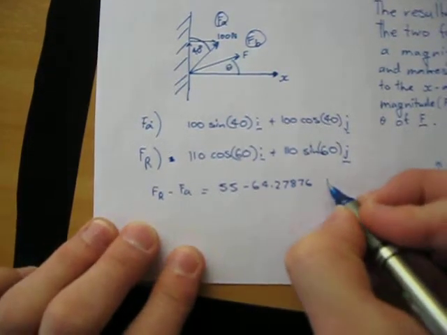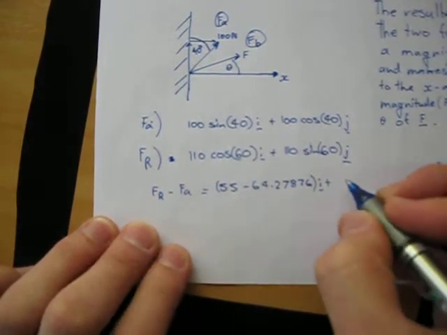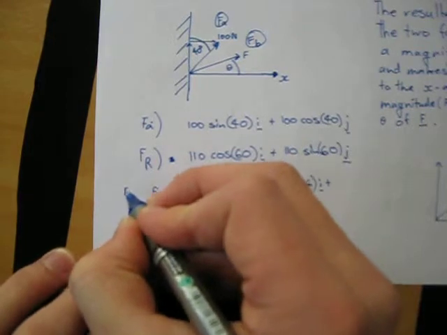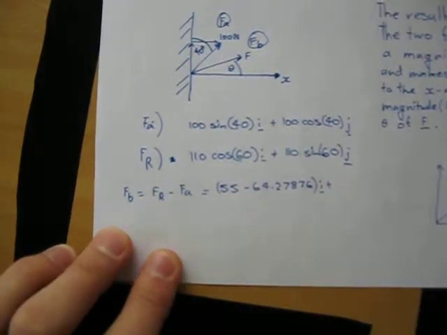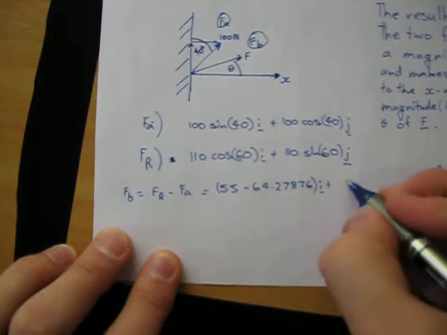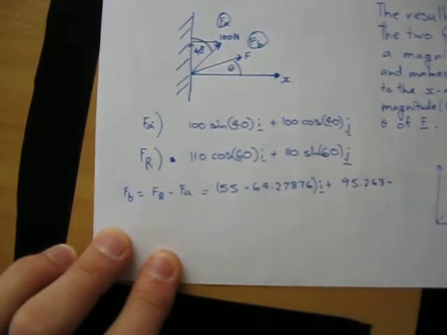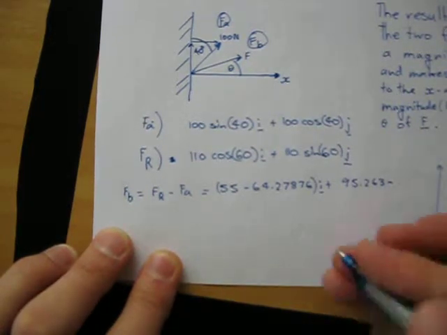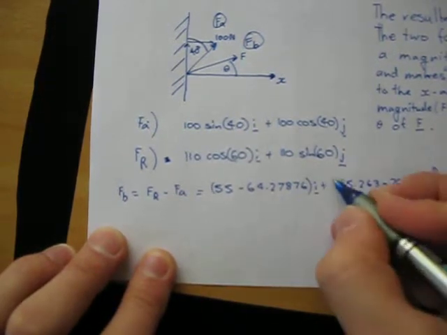Just being precise because we want to, I'll just put that in brackets and say that's the I, and this is FB equals that, and 110 sine 60 equals 95.263 minus 100 cos 40, 76.60.